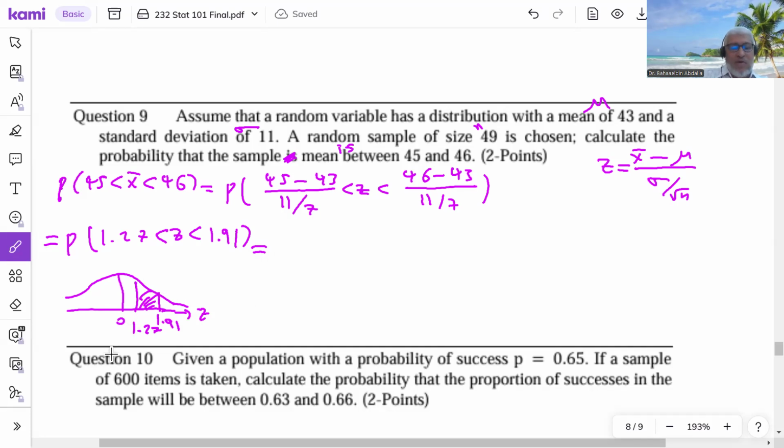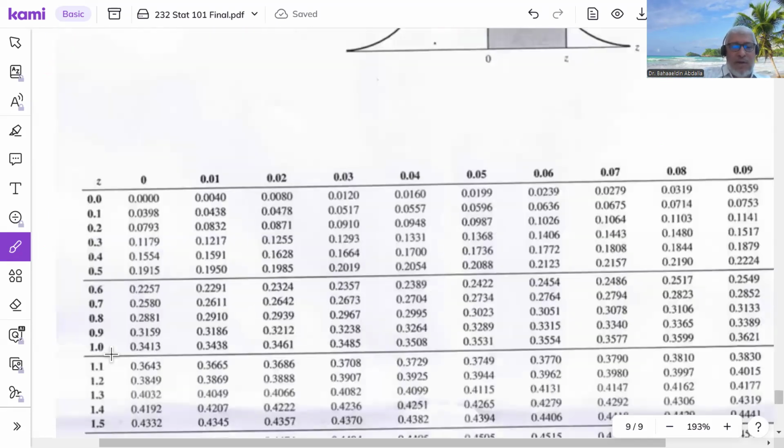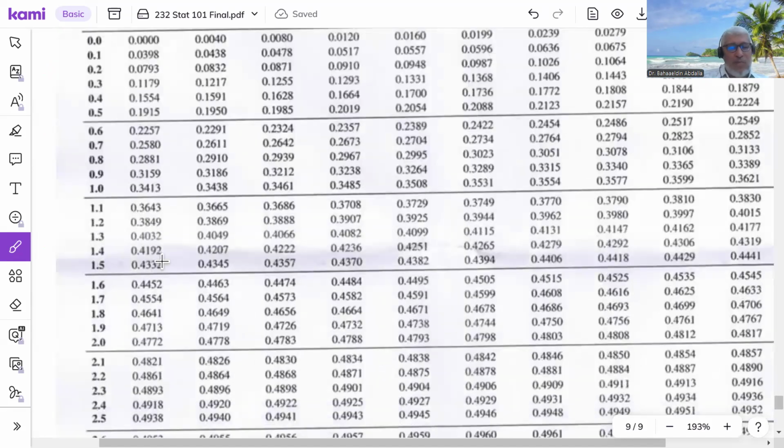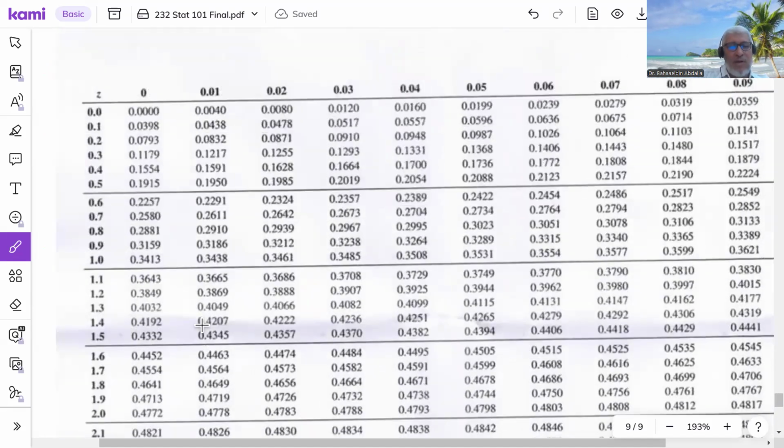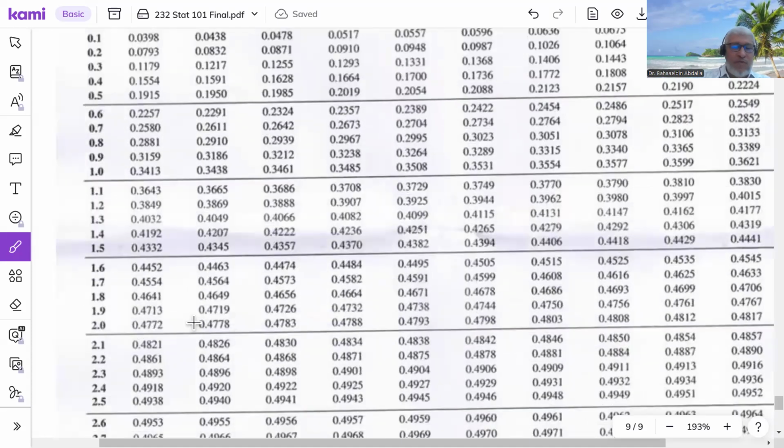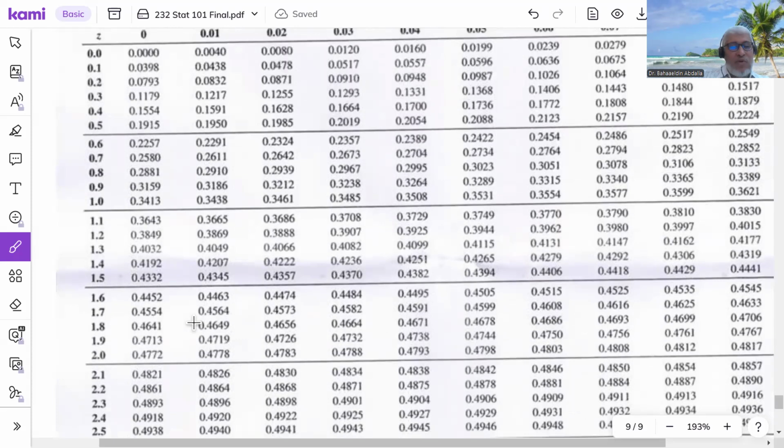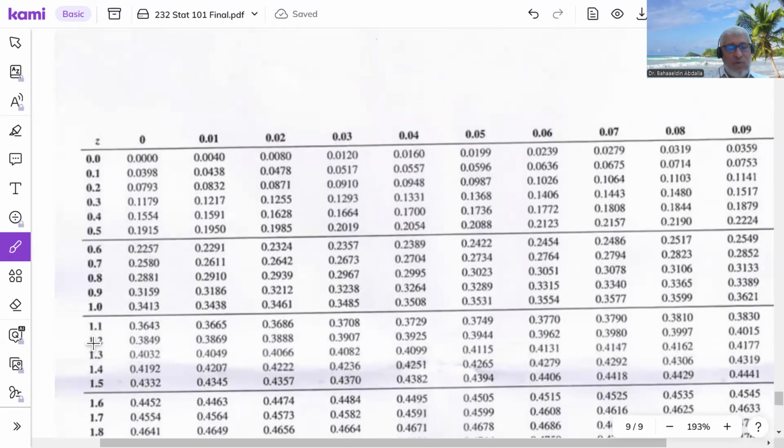Okay, so I look at 1.91. This is 1.9, so 0.4719, and then minus, I look at 1.27. This is 1.2, and if I go to 7, this is 1.27, 0.398.